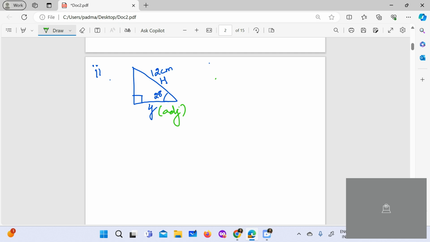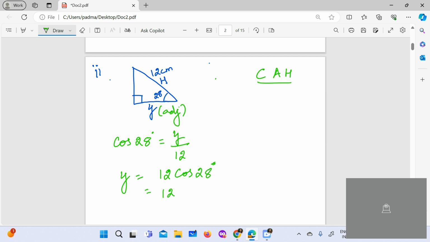Okay, so which ratio we can use? So it says adjacent upon hypotenuse. So adjacent upon hypotenuse we get in cos. So we can say this is cos 28 degree is equal to y over 12, because y is adjacent and hypotenuse is 12. Now again you can just cross multiply and you get y is equal to 12 cos 28 degrees, and then cos 28 is 0.8829.